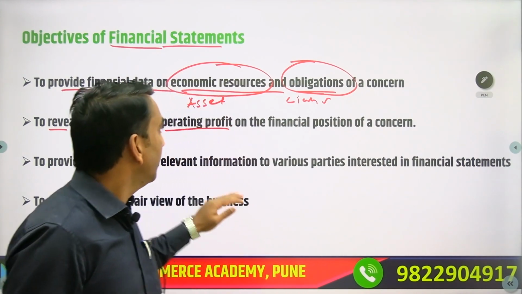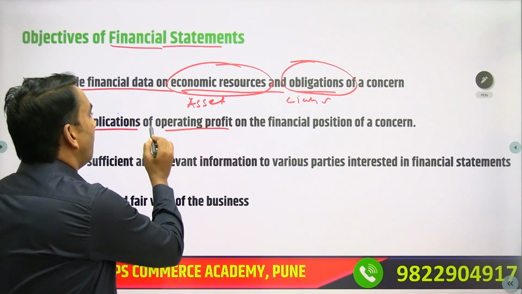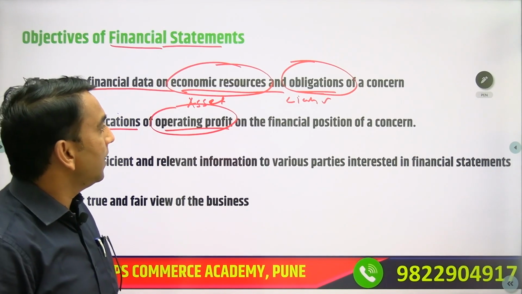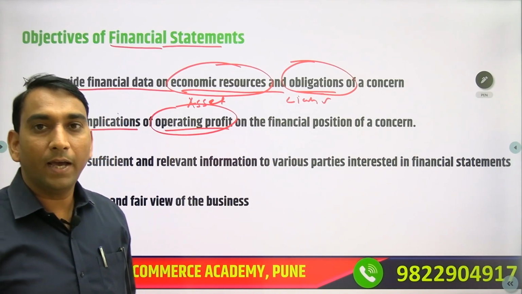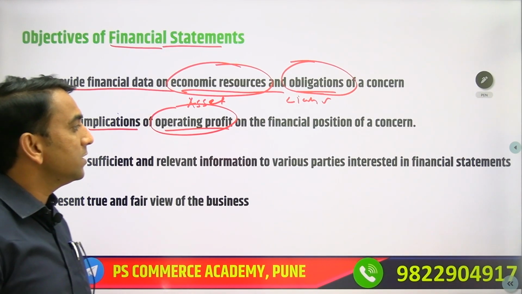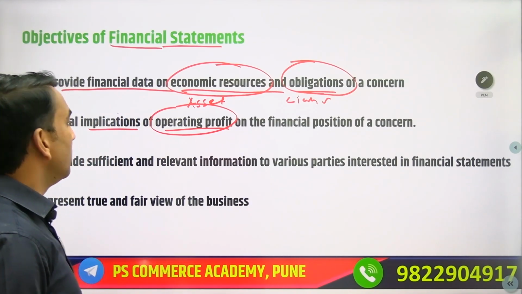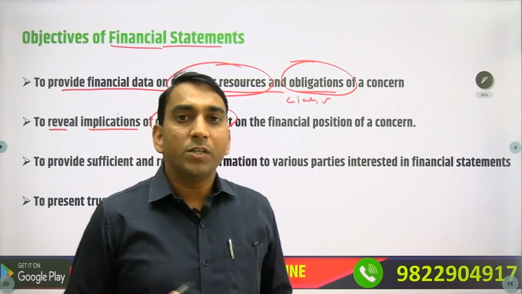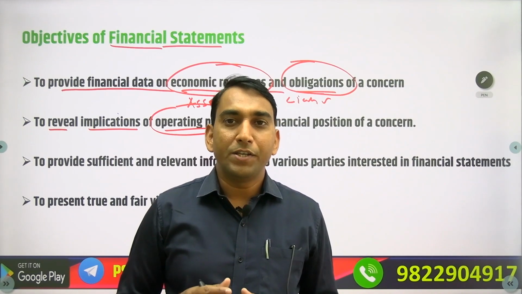Financial position में ऑपरेटिंग प्रॉफिट, राइट, ऑपरेटिंग प्रॉफिट का फाइनेंशियल पोजीशन में क्या क्या इंप्लीकेशंस है, दैट इज द सेकंड ऑब्जेक्टिव. थर्ड ऑब्जेक्टिव इज टू प्रोवाइड सफिशिएंट एंड रिलेवेंट इंफॉर्मेशन टू वेरियस पार्टीज इंटरेस्टेड इन फाइनेंशियल स्टेटमेंट. We are going to see which parties are there who are interested in financial statement.